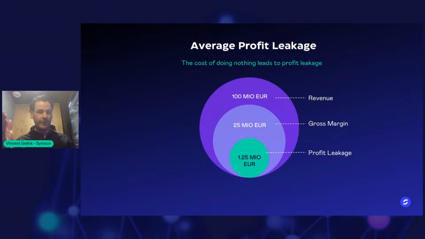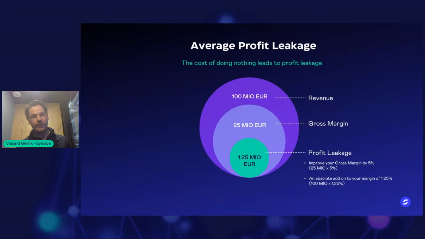On average, we see that the business is doing roughly 100 million in revenues, and the gross margin is roughly 25 million, and then we already see that purely based upon sensitivity measurements, there's a business case to be made of 1.25 million. That is a 5% improvement of the 25 million and a 1.25 percentage point absolute margin increase of the overall revenue, and that is a super nice result.